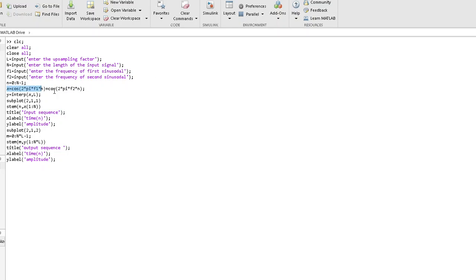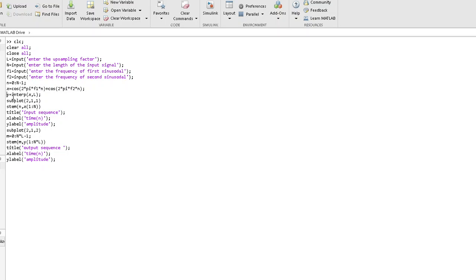For the next part, the X variable, this is the input signal that is going to be used for this output, which is cosine of 2 times pi times the first frequency times n, plus cosine of 2 times pi times the second frequency that would be entered times n.